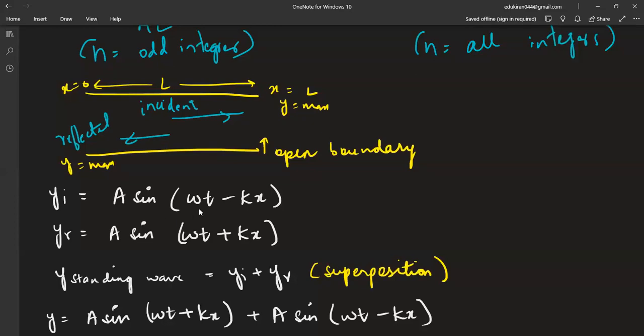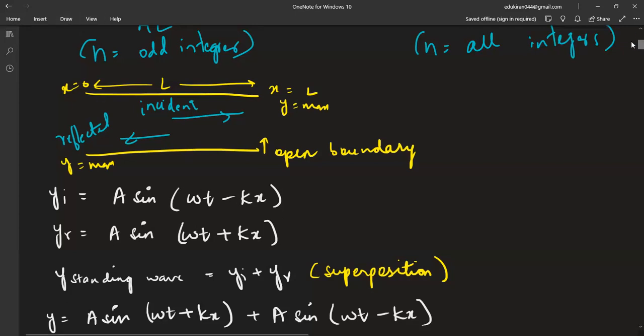So when you take this term, A sin(omega t plus kx), plus A sin(omega t minus kx), you will add them. So what will you get? 2A, and then that will be cos kx sin omega t. I told you it's cos a sin b.